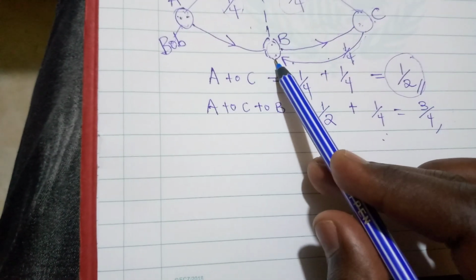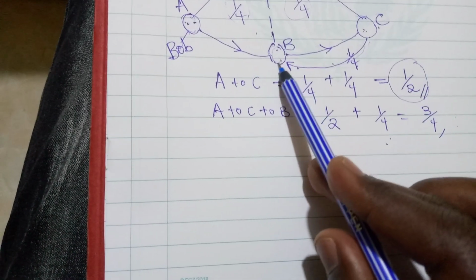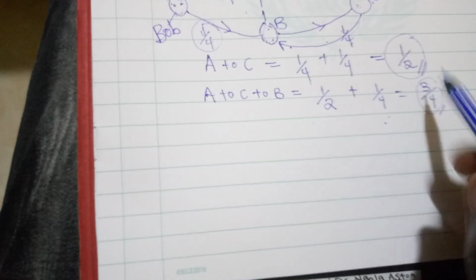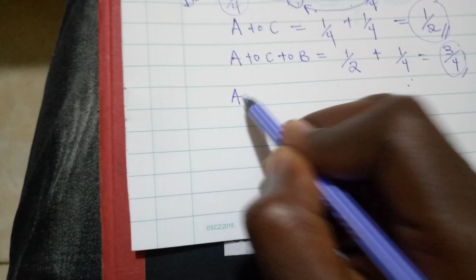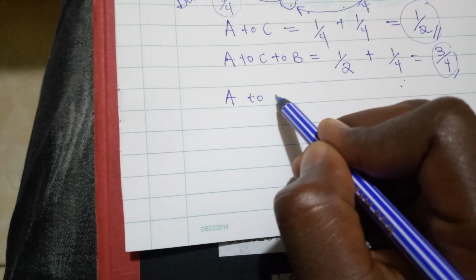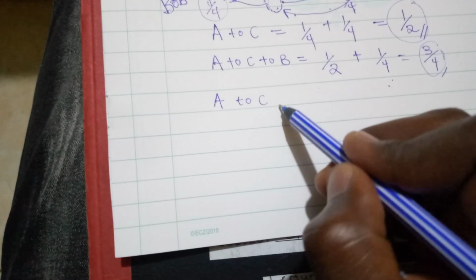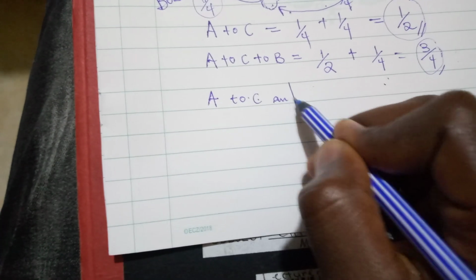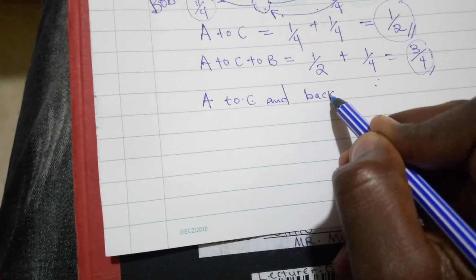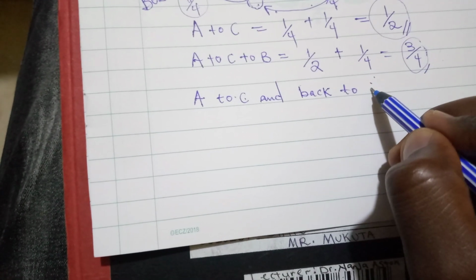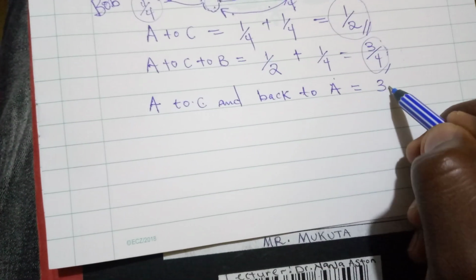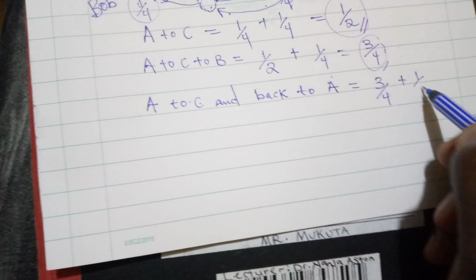Now when it also moves from B back to A, it also makes another quarter. So if you add this quarter plus 3/4, so A to C and back to A, that simply means that you are adding 3/4 plus 1 over 4.